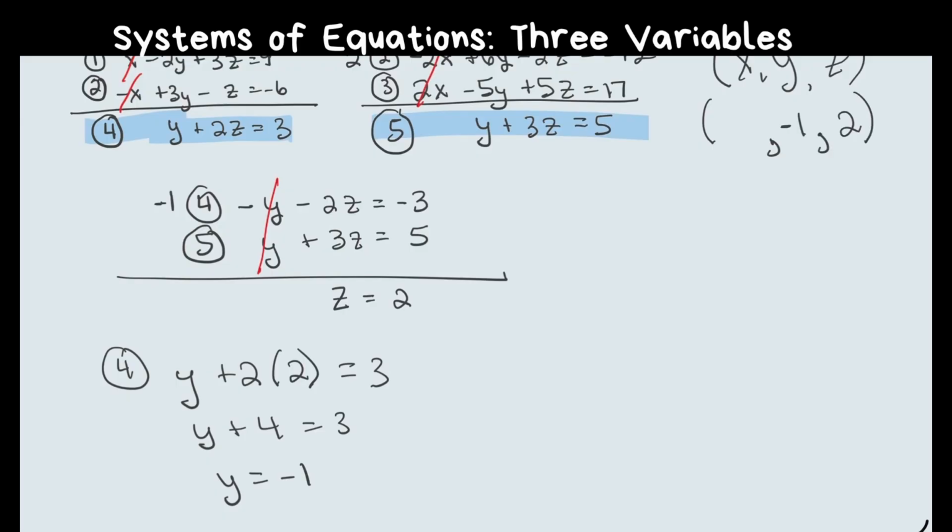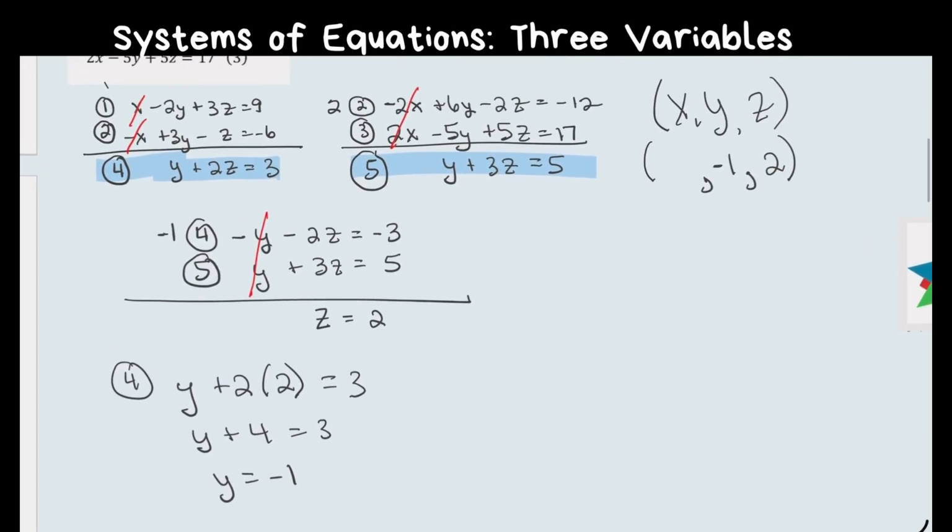Now I'm going to take my y and my z, and go back to any equation I want, because technically they all should be correct, and I'm going to figure out x. So I'm going to use equation 1 and back substitute. X, we don't know, minus 2y plus 3z equals 9.